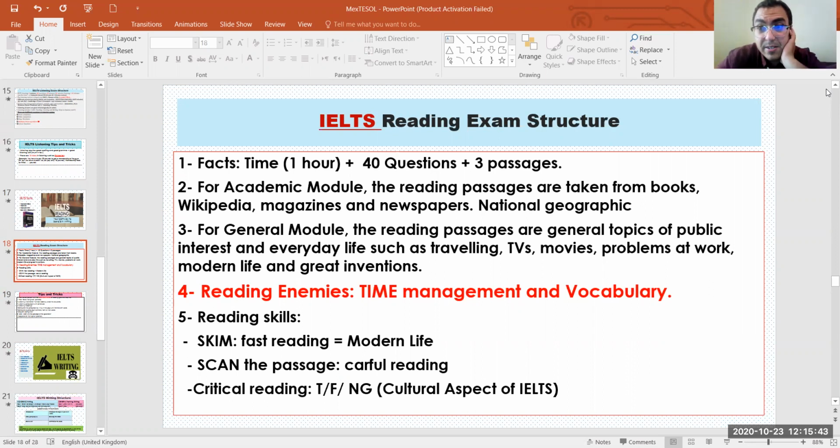However, listen to this. There is one question in IELTS reading which I consider very embedded in the Western culture, and the cultural aspect has to be outlined to learners, which is true, false, not given.